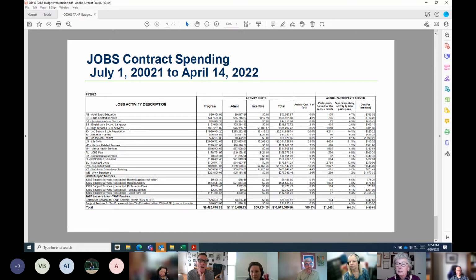With support services, the key factor right now is that the family has to have a jobs plan, a personal development plan. And if they do, then we can be quite flexible. Now, there are some rules. For example, housing, right now in our rules, it says, Miguel, help me, it's like 3 months up to $3,000 or something like that.